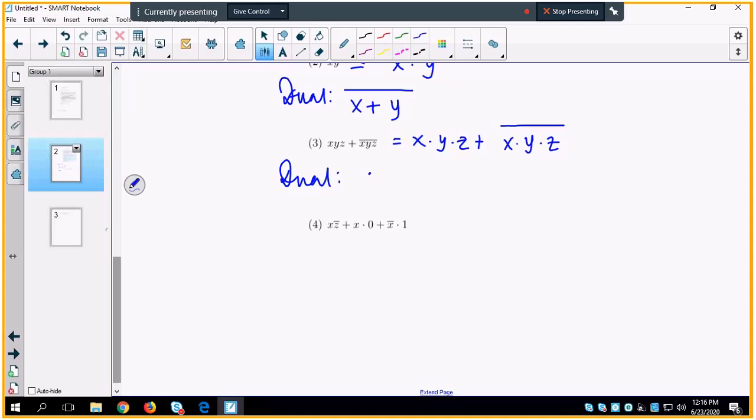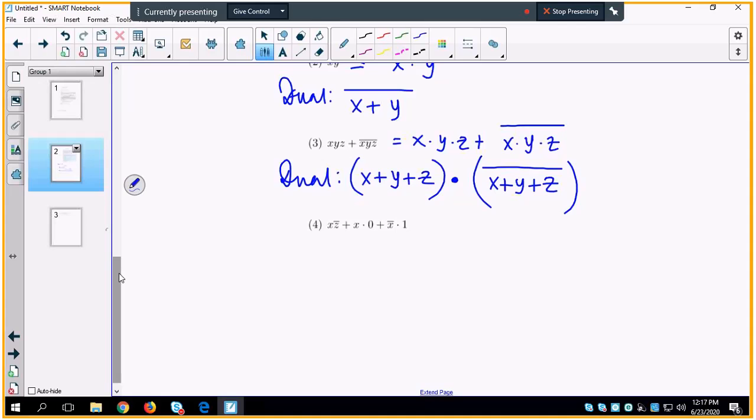Change all the dots to pluses, so you get x plus y plus z, and I will put that inside parentheses because that should be executed first. Similarly, you get x plus y plus z under the complement, and then this portion should be dotted with the first portion. So x dot y dot z plus x dot y dot z complement becomes x plus y plus z dot x plus y plus z's complement.